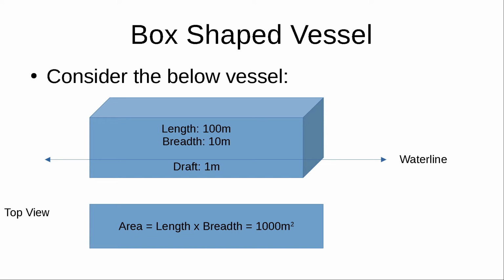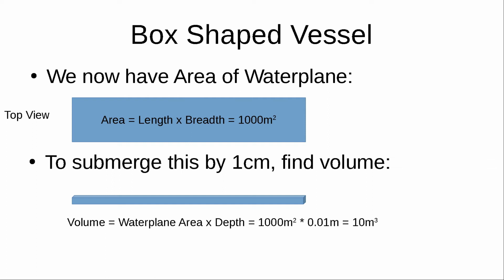If you look from the top at this, we can see that the overall area of the water plane is equal to the length times the breadth. That gives us an area of 1,000 meters squared. So we now know that we have the area of water plane equal to 1,000 meters squared.